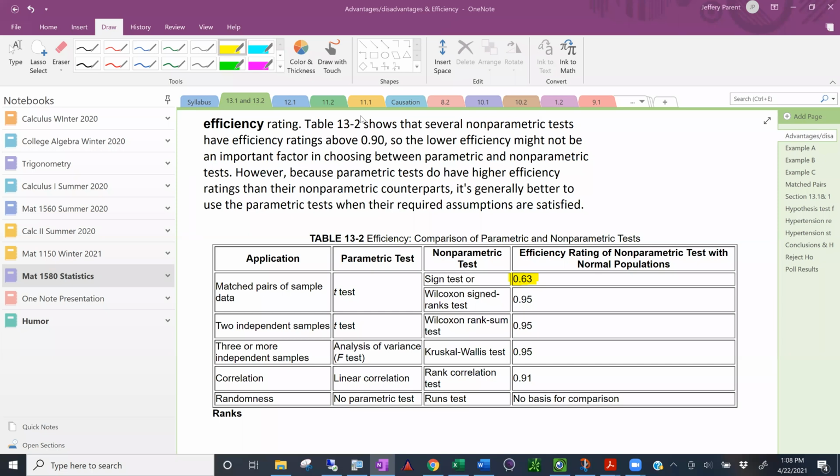So this table right here talks about your efficiency ratings, and you see the efficiency of the sign test is pretty weak. It's 63%. So that means if you were testing in section 9.3 for matched pairs, and you had some data that satisfied all the requirements, you'd only need 63 observations to be able to reject the null hypothesis in that situation.